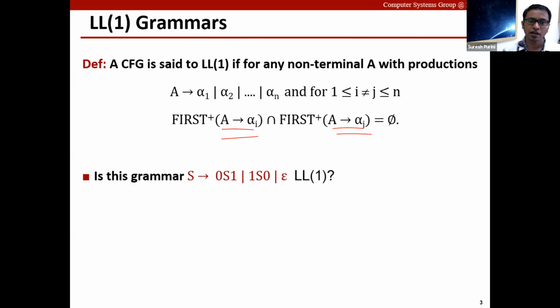That is, we can construct a top-down parser for it with no backtracking. So this is a grammar which is bugging us for quite some time. We will try to understand this grammar towards the end of today's lecture.